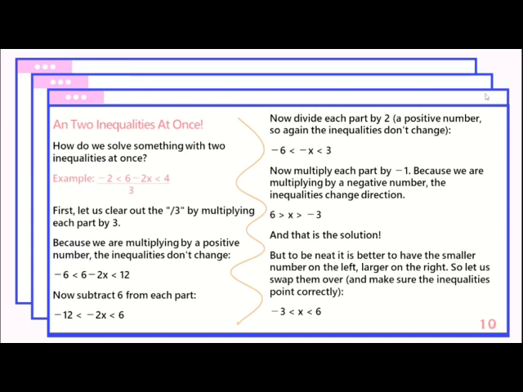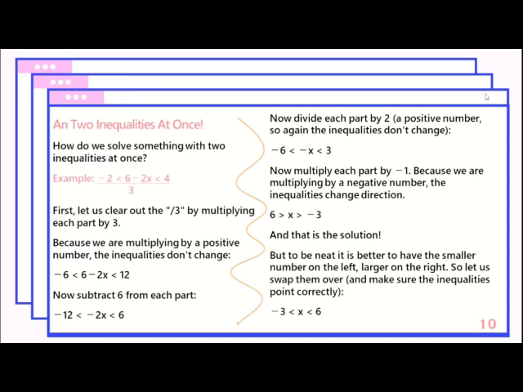Now divide each part by 2, a positive number. So again, the inequalities don't change. Minus x greater than minus 6 less than 3. Now multiply each part by minus 1. Because we are multiplying by a negative number, the inequalities change direction. x less than 6, x greater than minus 3.